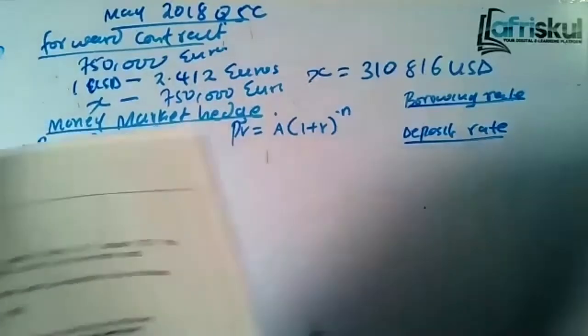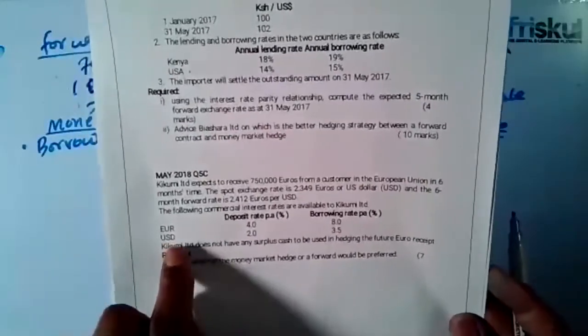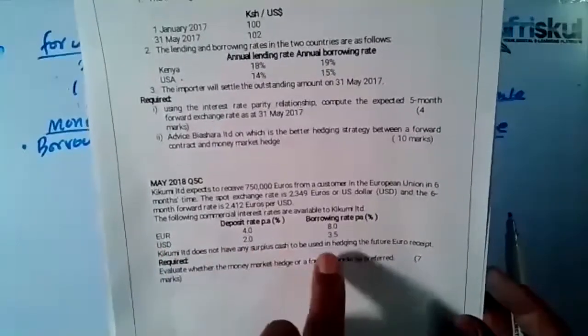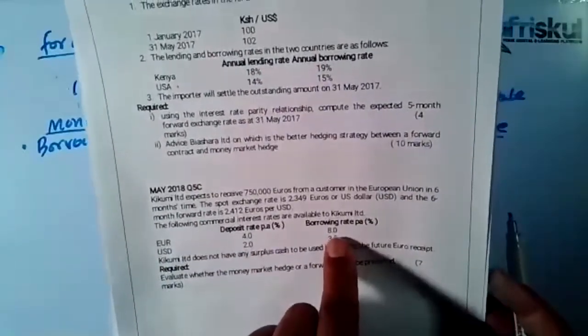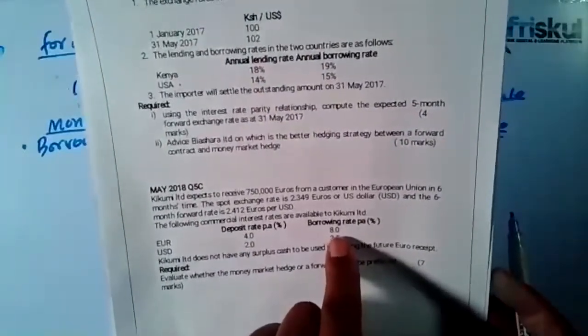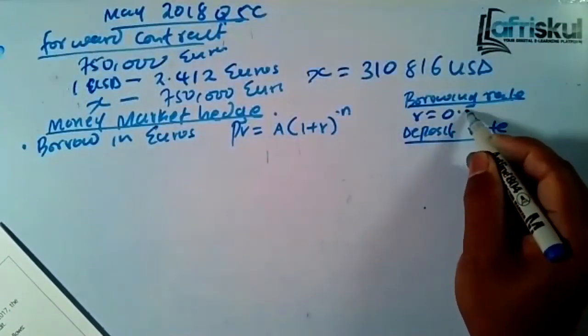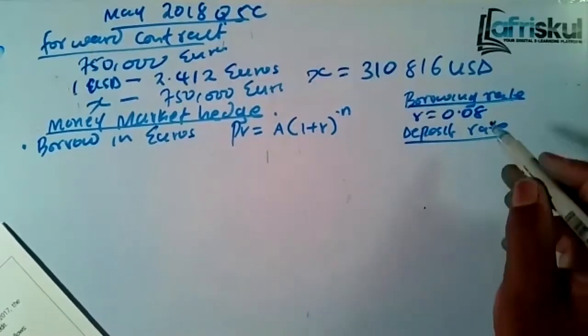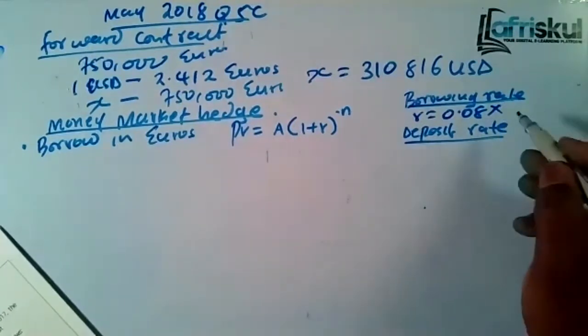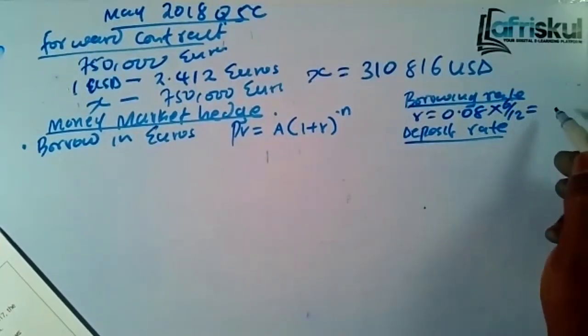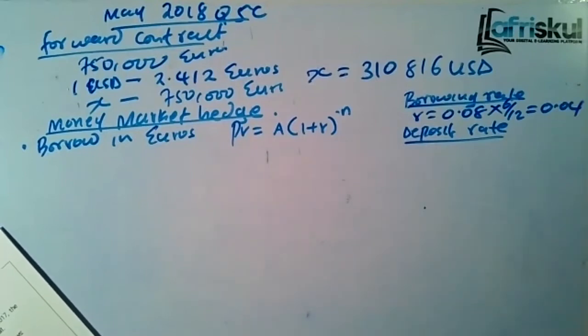You borrow in foreign currency. In this case, our foreign currency is euros. The borrowing rate is 8%. So for the borrowing rate, it will be 0.08, but for 6 months, 6/12, and you'll get 0.04.